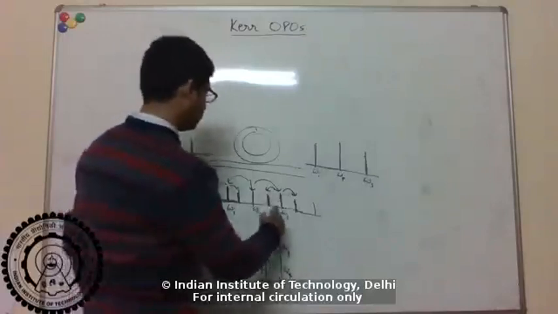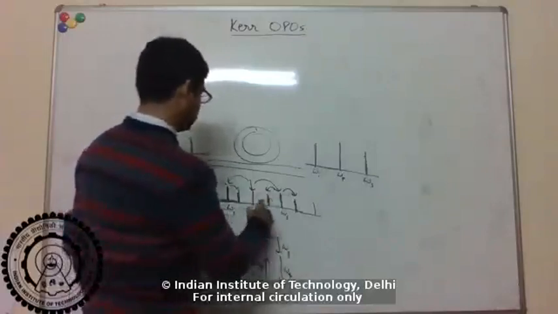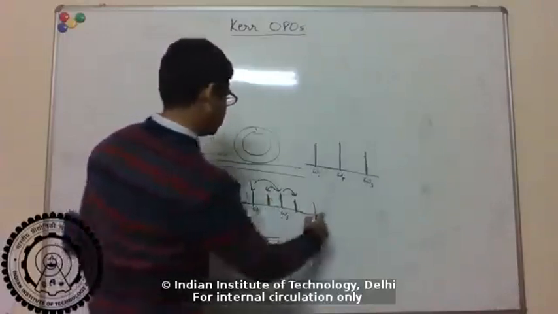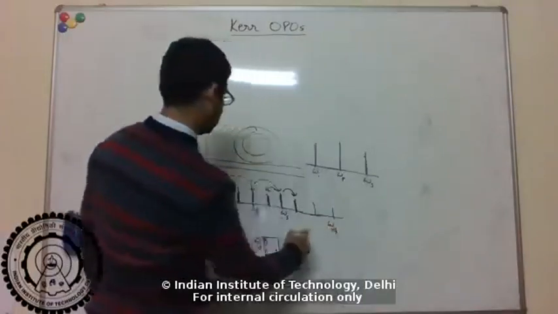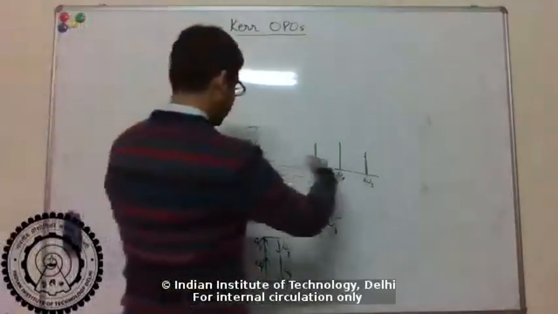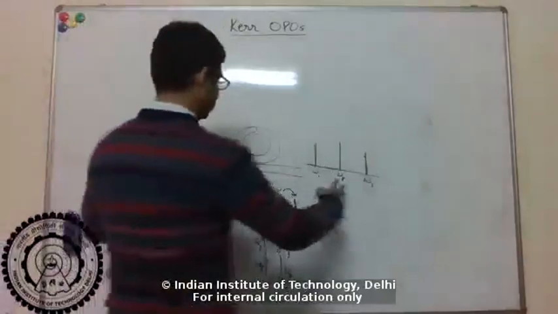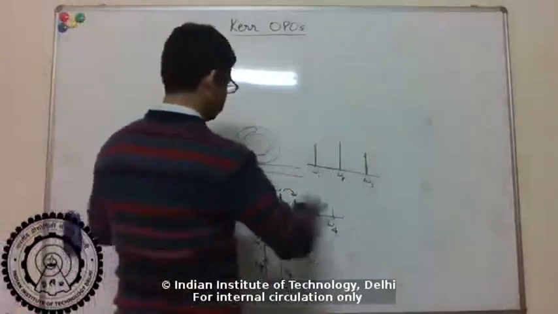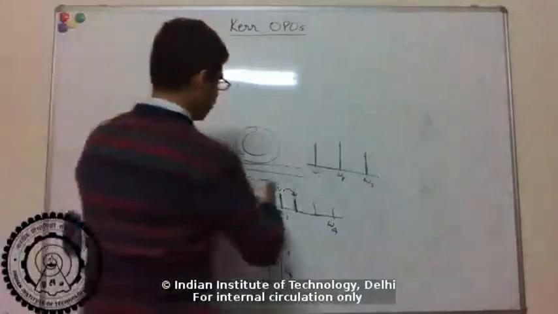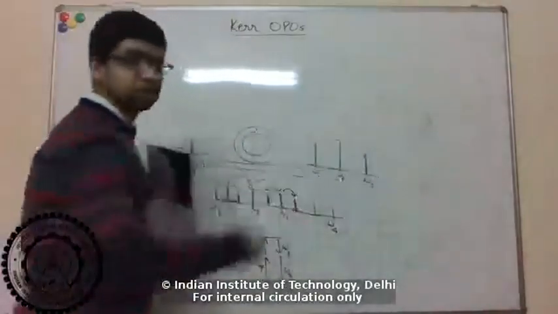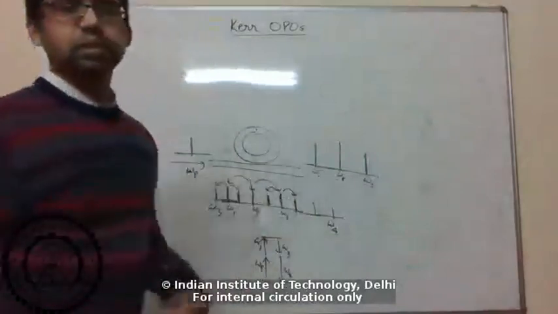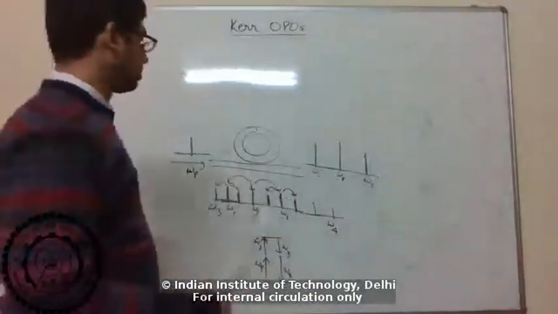So omega p, omega s could give, I don't know, this is omega 3 and omega 4, right? So you could basically cascade and generate this comb of frequencies, right? So you start filling up all the resonances with light due to nonlinear interactions taking place between all the modes.